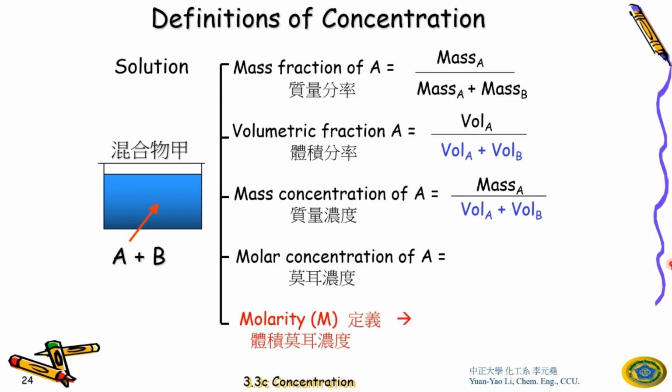How about the molar concentration of A? Given the example of mass concentration, I'm sure you know how to describe it. That will be moles of A divided by what? Volume of A plus B. Please remember this.